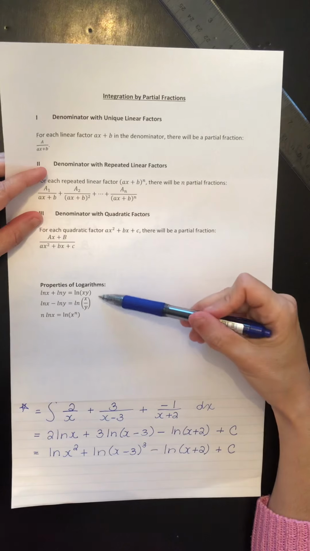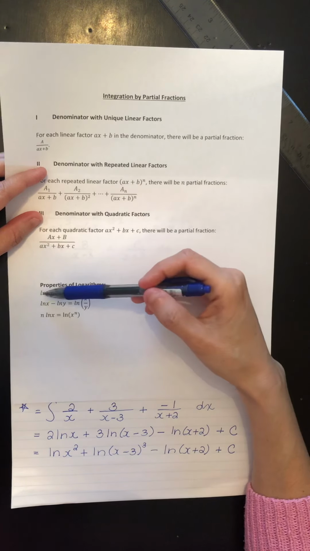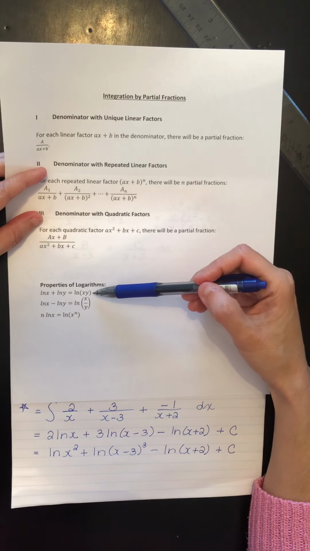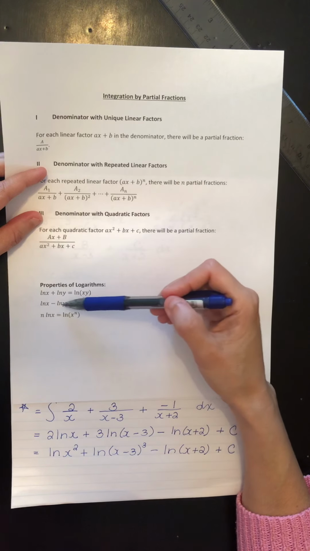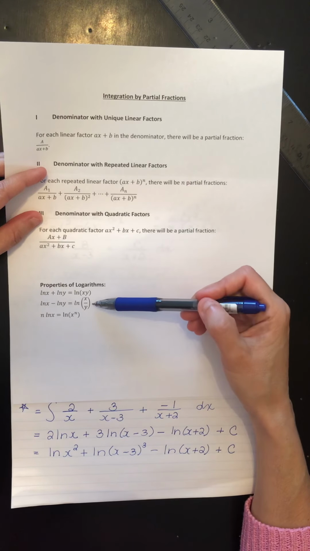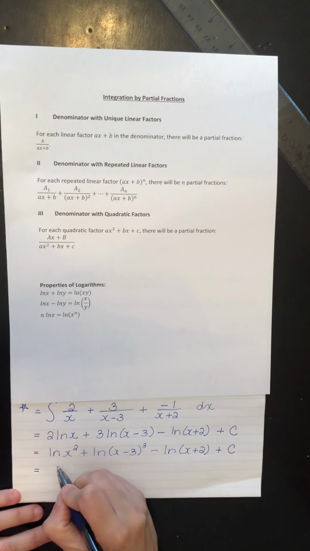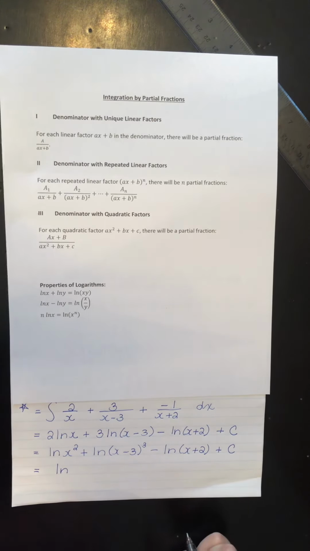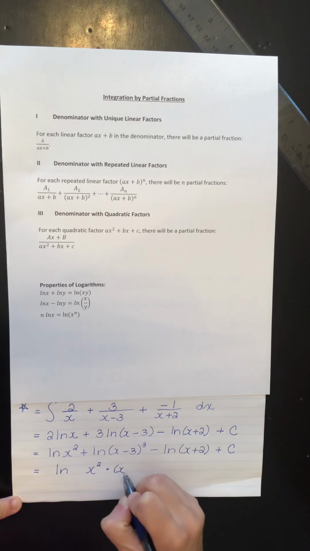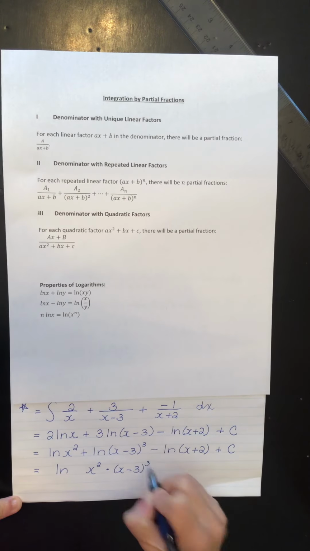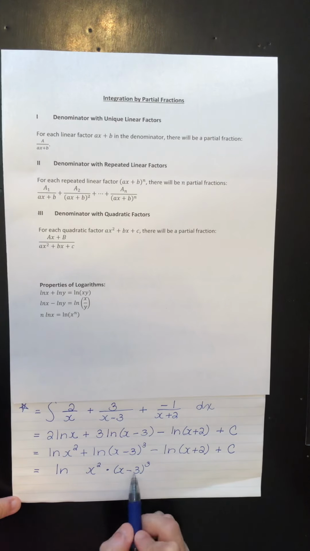Following that, we'll use the previous two properties. The sum of a logarithm gives you a product in the argument. The difference of two logarithms gives you a quotient in the argument. So if I combine into a single logarithm, I will have x squared multiplied by x minus 3 all cubed in the numerator. The addition becomes a quotient.